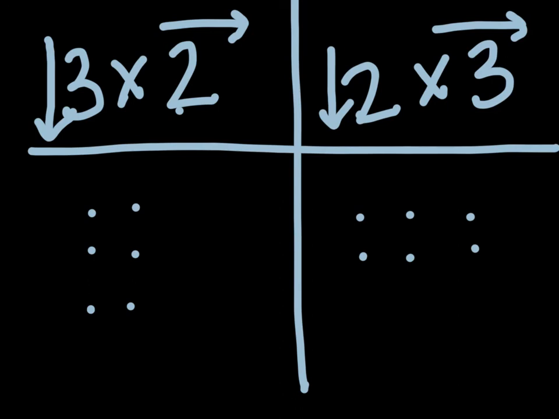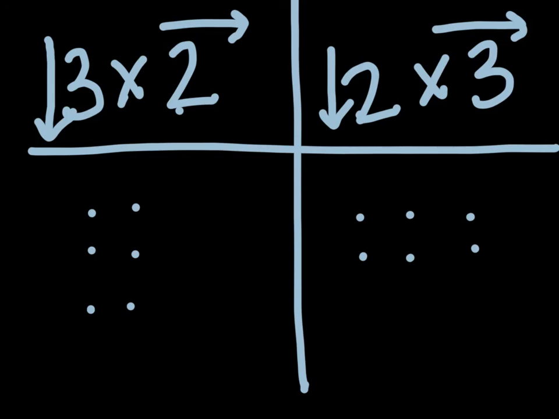So this is where you can really see the difference in your array and how it's going to look different if you put the wrong number in your columns or in your rows. So remember, it's so very important that you write the first number down, goes down, and your second number goes across. But in this situation, and in most situations when you flip-flop your numbers, you're always going to get the same answer.